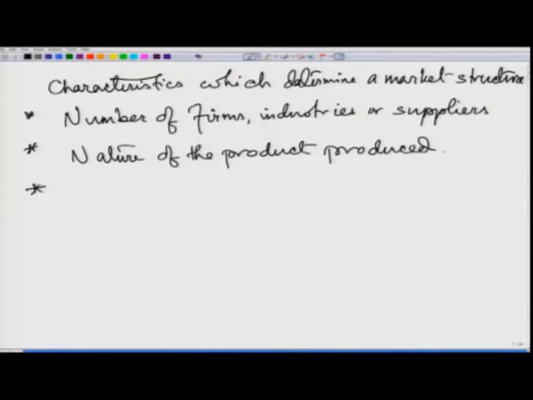In terms of healthcare, whether it requires the services of several other paramedic entities. The nature of the product is also very important to determine the market structure or the characteristics of a particular market. The next is the degree of monopoly power a firm enjoys.